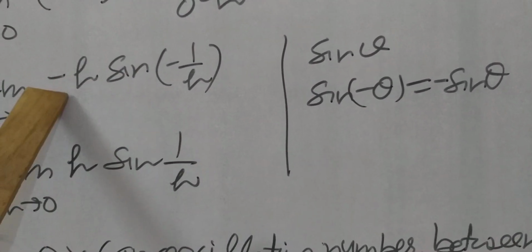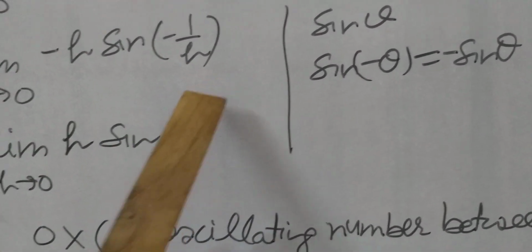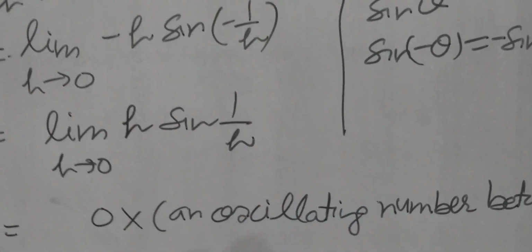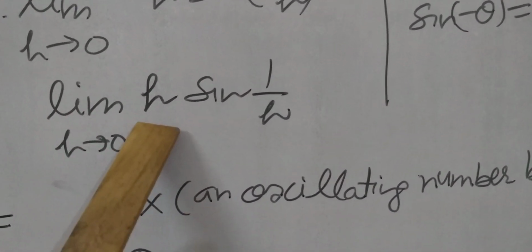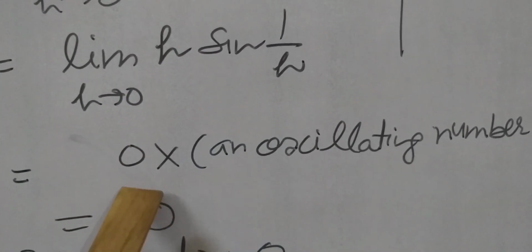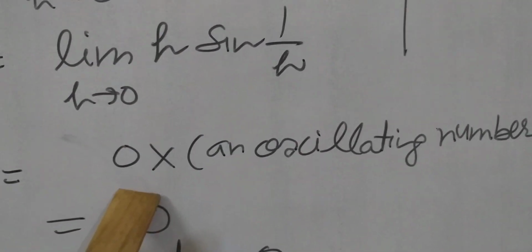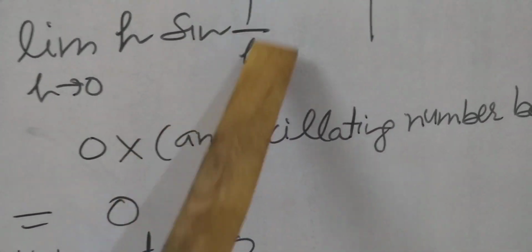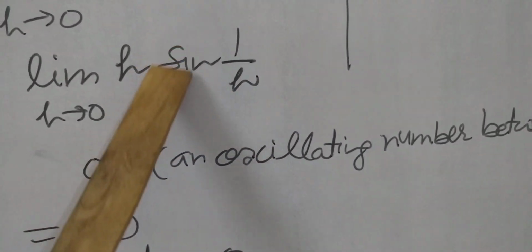So that minus and minus h will become plus h sine 1 upon h. Now applying the limit, at the place of h we put 0, and this will be 1 upon 0.